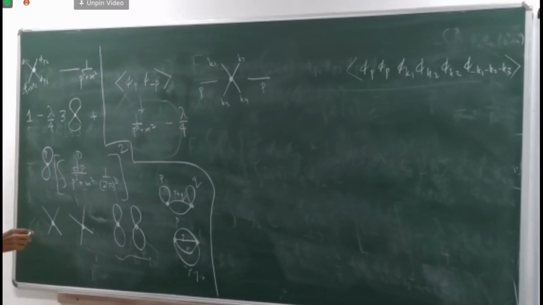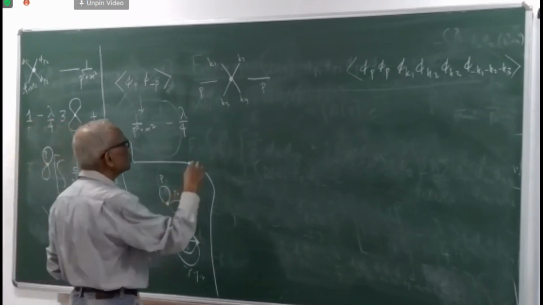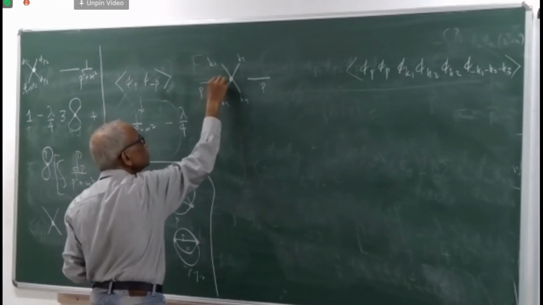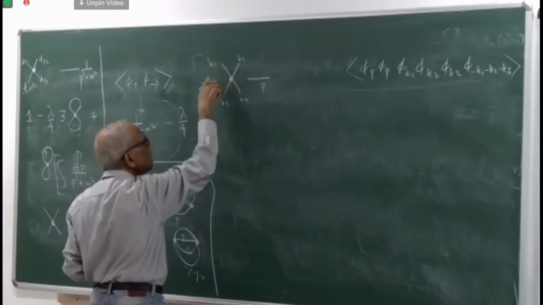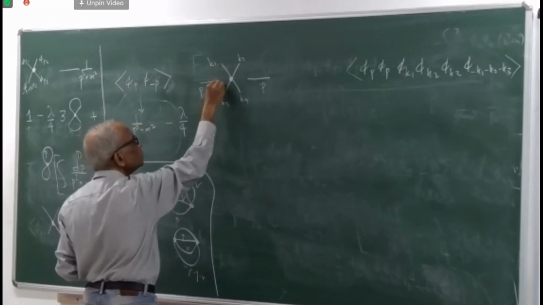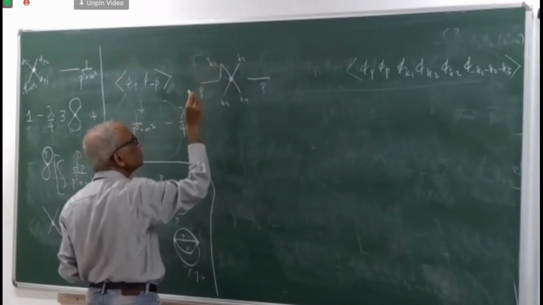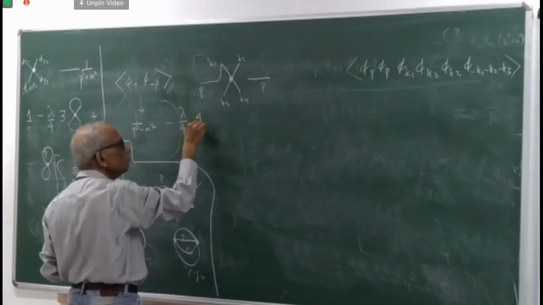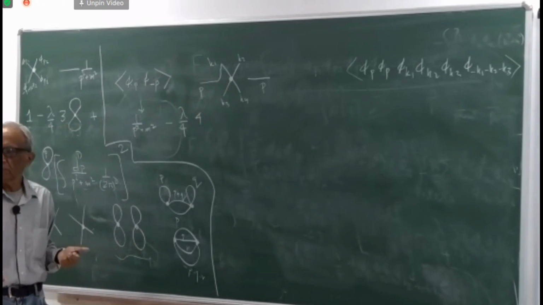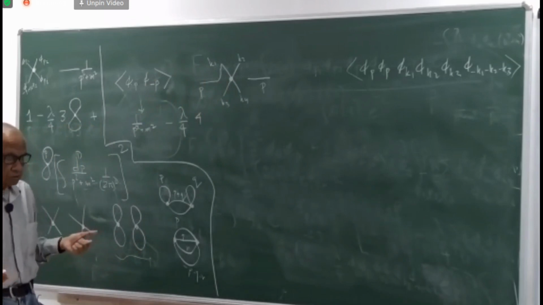And now I'm looking at this. So what can it do? It has to close. So if it has to close, this P goes and couples with any one of them. Let's say it couples with K1. But there are 4 such possibilities. It could have gone to K1, K2, K3, K4.